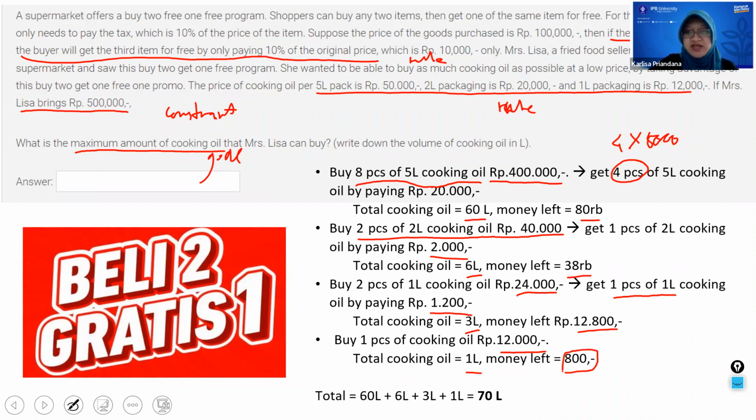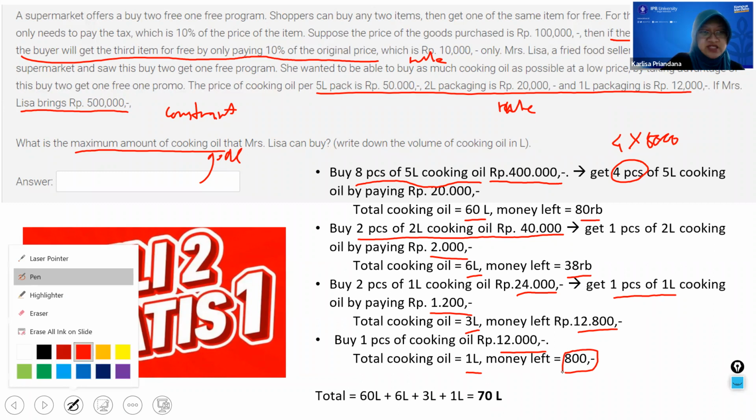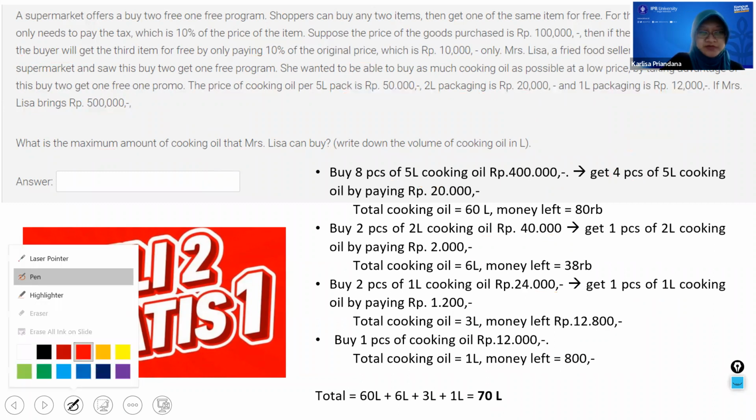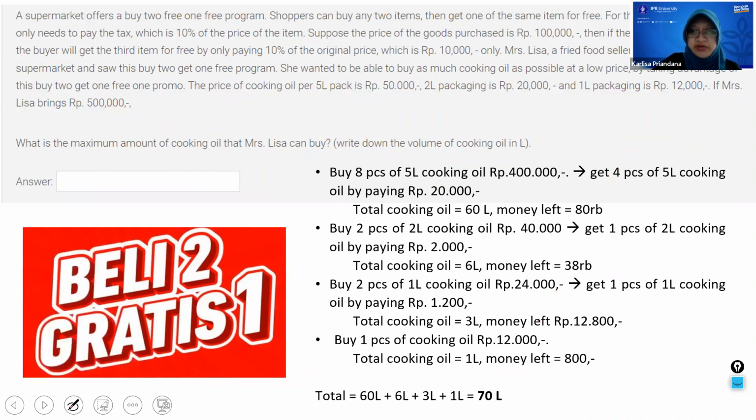The total cooking oil I get is 60 plus 6 plus 3 plus 1, which is 70 liters. So I think this is quite clear for question number 3.